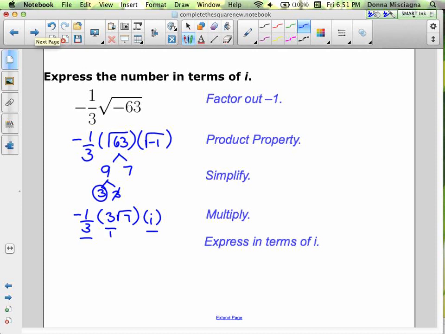If I put the 3 as a fraction over 1, the 3s would cancel and I'd be left with the 1. But since that's negative, it's going to be negative 1. So negative 1/3 of 3 is just negative 1, times i. I don't really need to write negative 1i, I can just write negative i. And left in the radical is the square root of 7. So there we go. Now that's as simple as it could be.